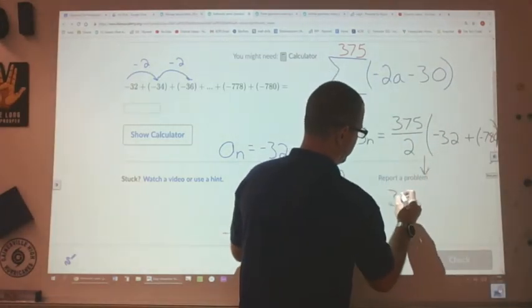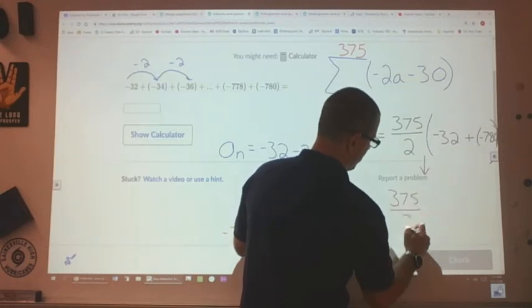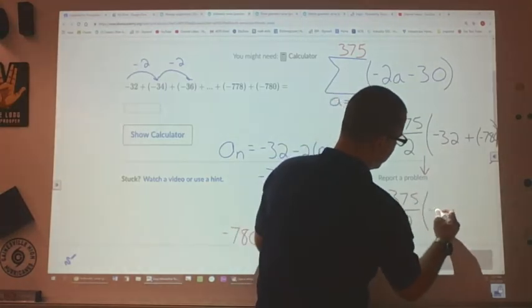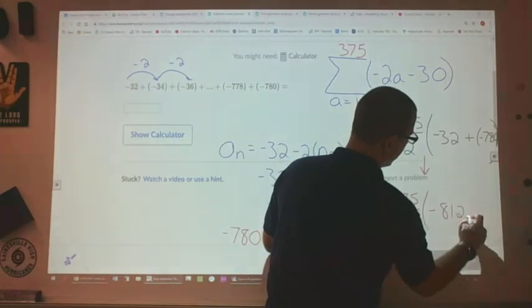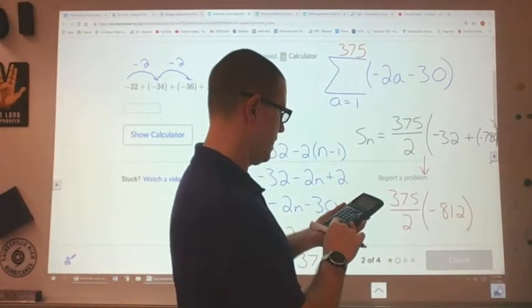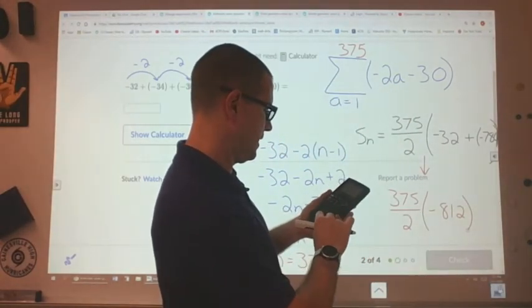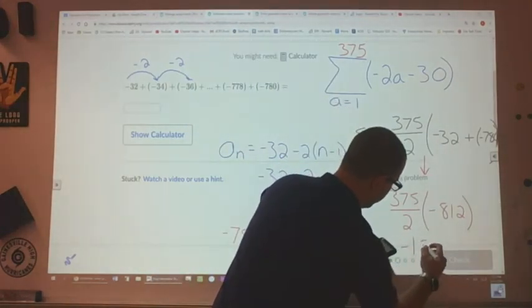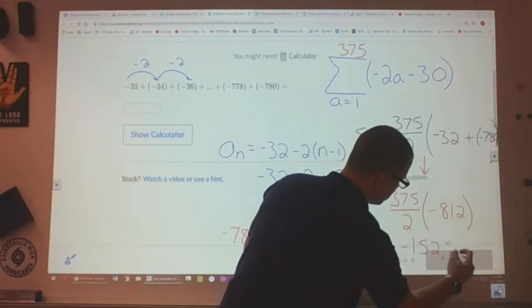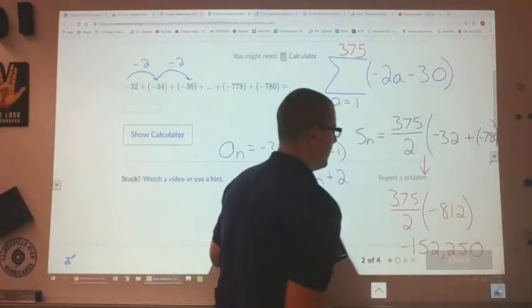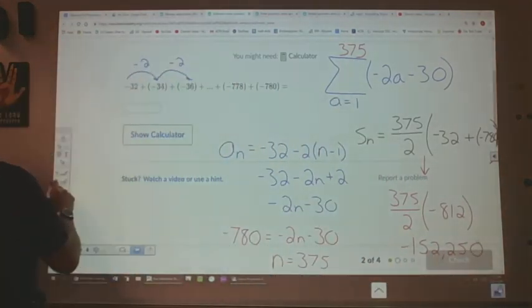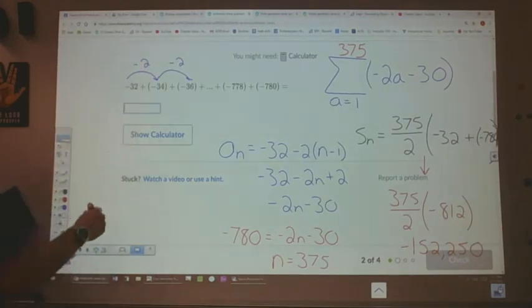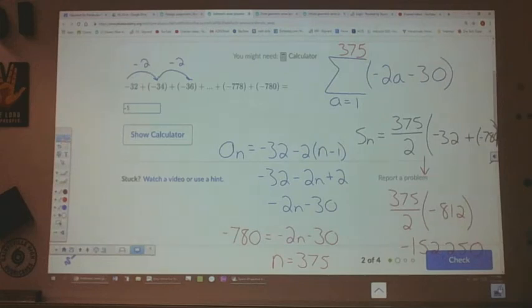So we have 375 over 2 times negative 812. So times 375 divided by 2. And we have negative 152,250. Let's type that in, negative 152,250.